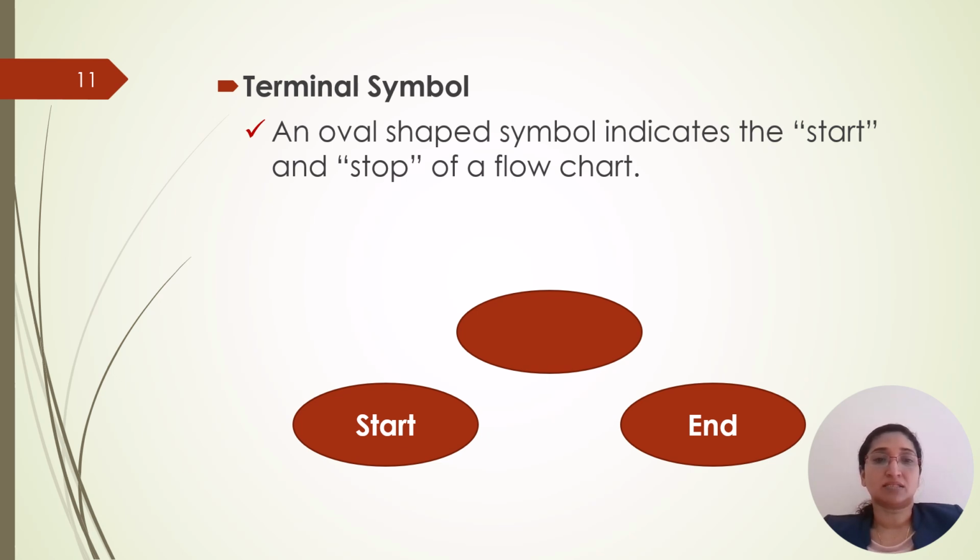So this terminal symbol is an oval shaped symbol which you use to indicate the beginning and the end of your program. To indicate the beginning, you can use the statement start or begin, and to indicate the end of your program, you should write the term end or stop.